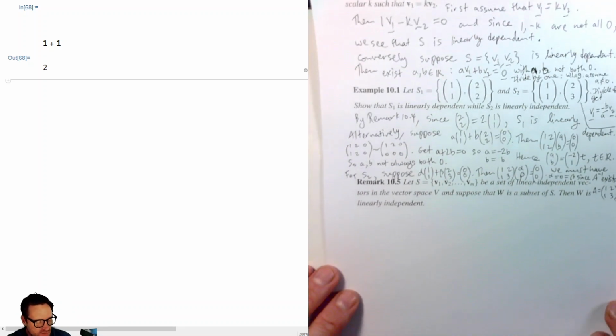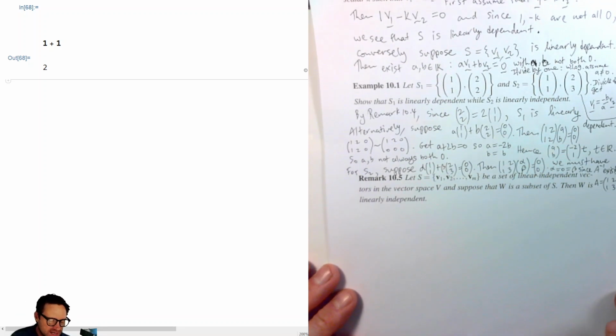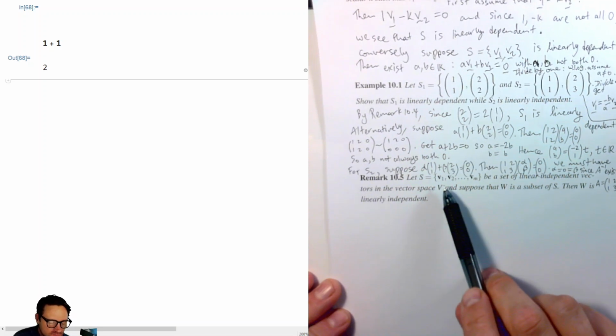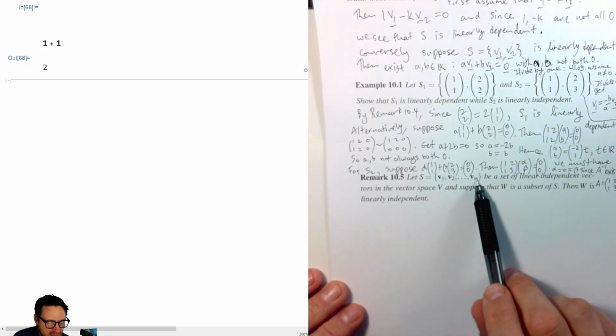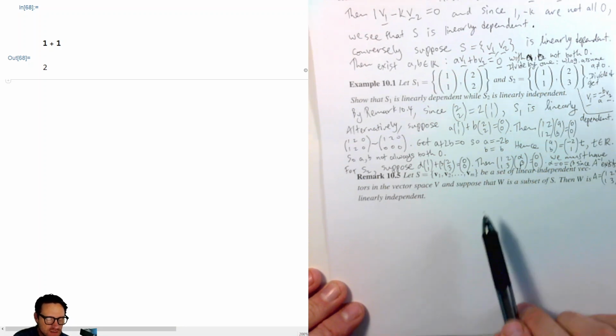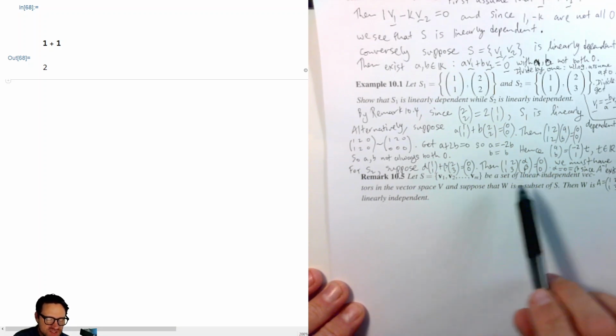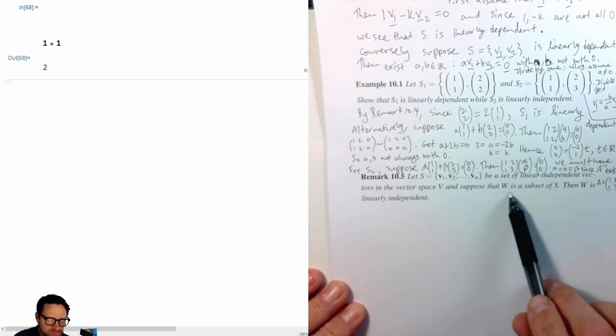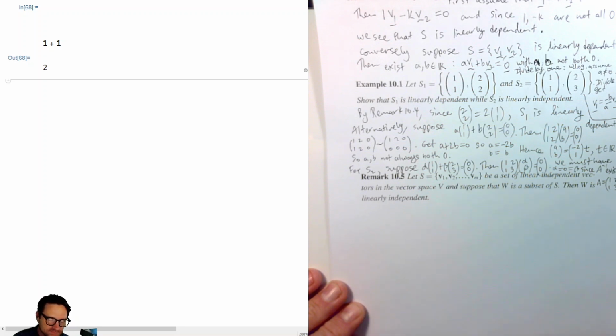Okay, great. Let's move on to remark 10.5. Let S consist of m vectors in a vector space V, and suppose W is a subset of that set S. Then W is linearly independent.